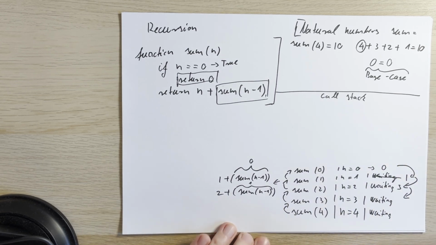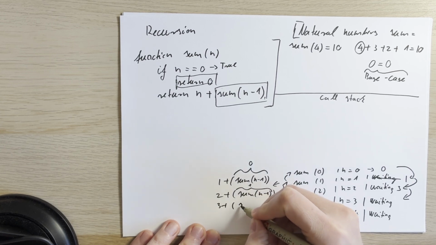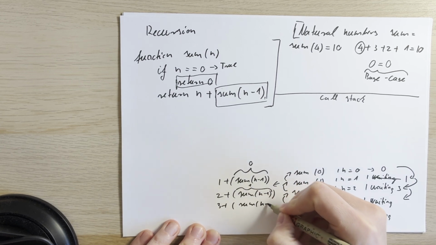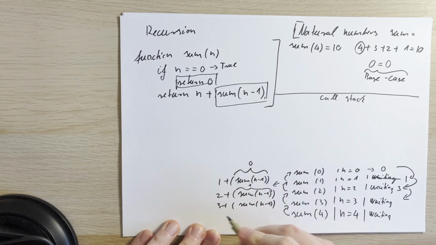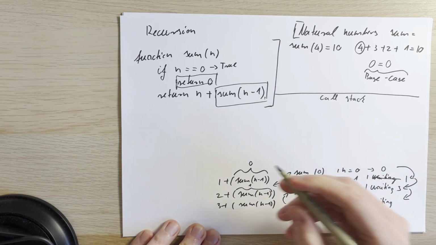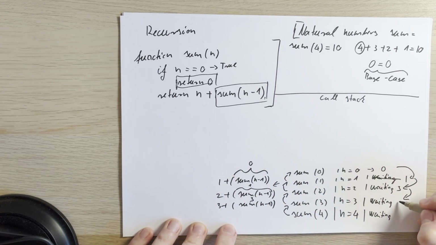Let's go to the next line. 3 plus sum of n minus 1 evaluates to 3, and 3 plus 3 is 6.